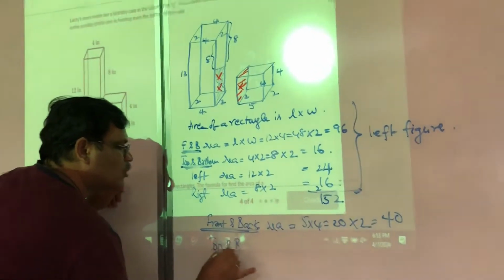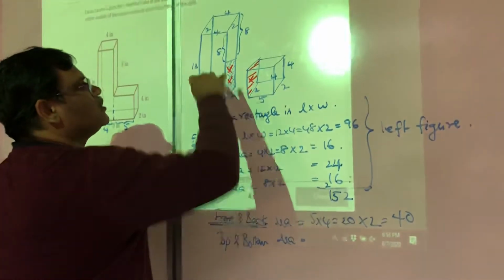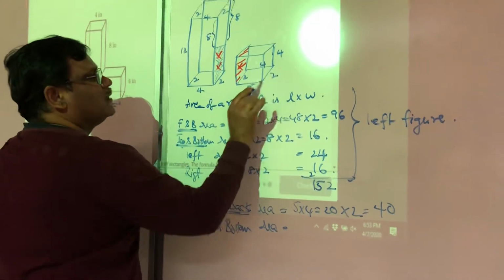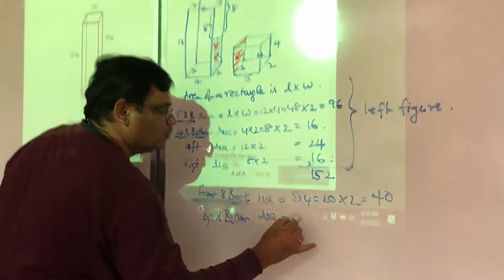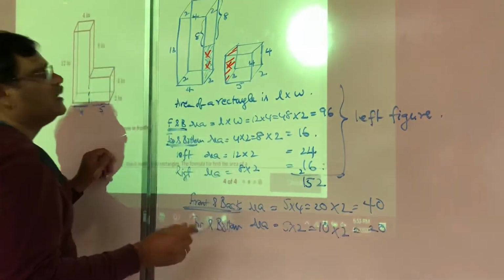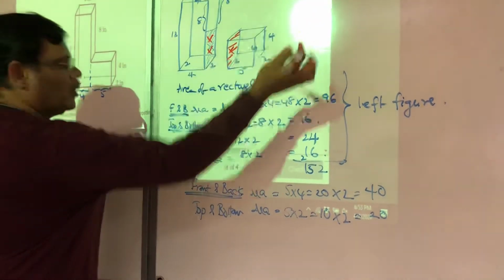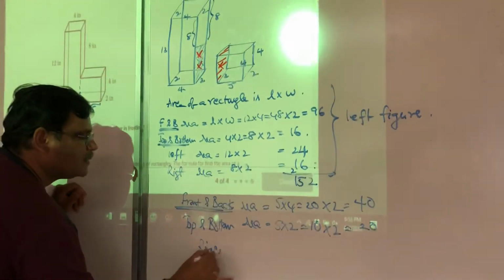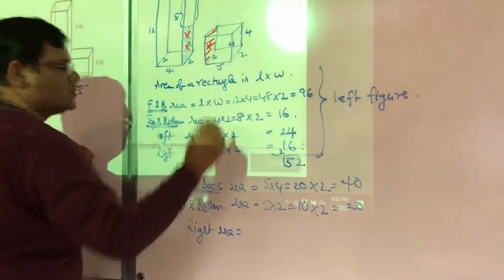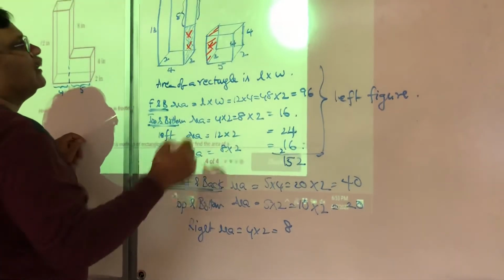The top or bottom dimensions, when you look at it, length is 5, width is 2, so 5 times 2, which is 10, double it, which is 20. Now I'm coming to the right area. The dimensions are 4 and 2, so 4 times 2, which is equal to 8. And the right one is done.